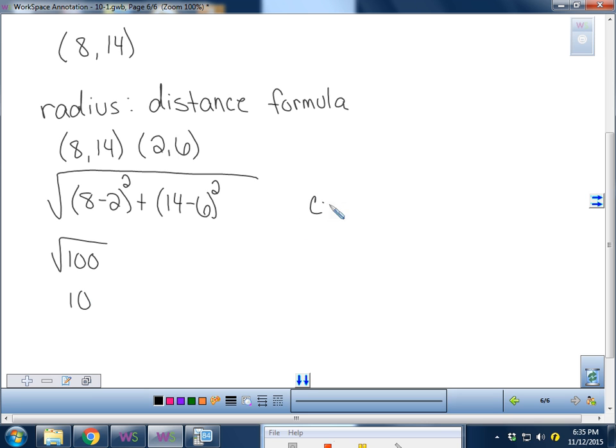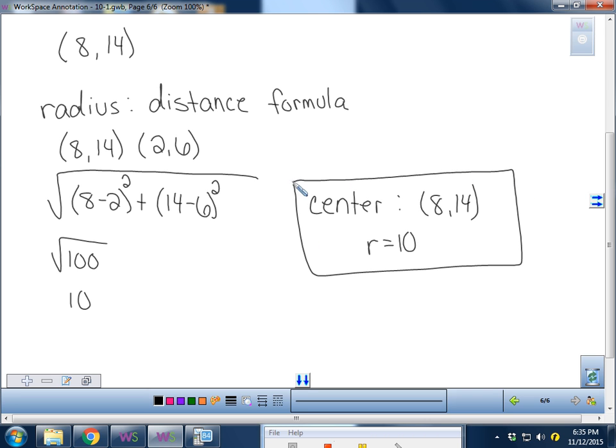So my center was at 8, 14, and my radius is 10. By the way, just for kicks and giggles, if the radius is 10, that makes the diameter 20. Remember, diameter is from one side to the other side.